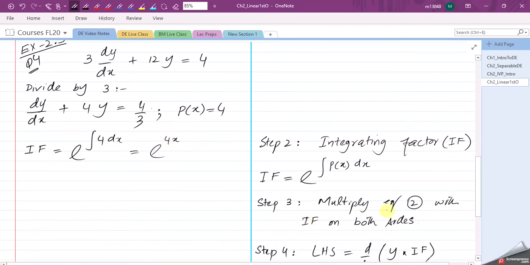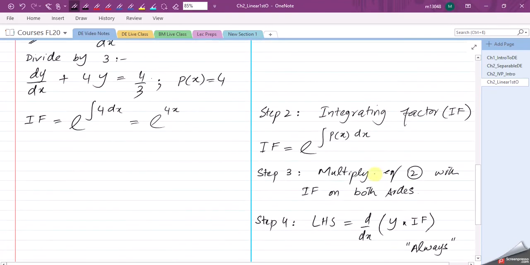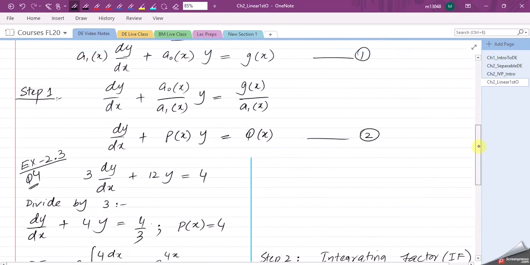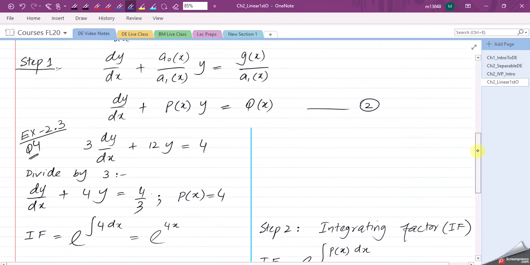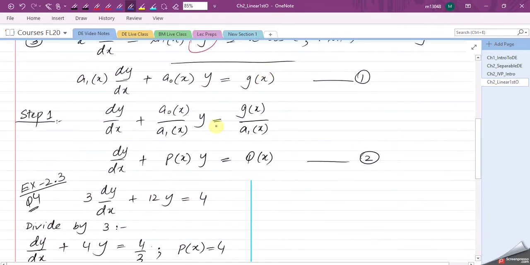Now the next step, step 3, says multiply equation 2 with IF on both sides. Note that it says equation 2. That is very important to remember. Equation 2, not equation 1. Equation 2, the one after division.